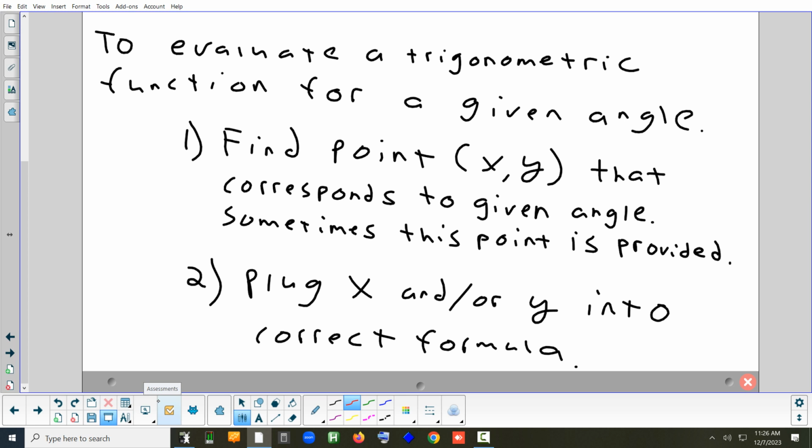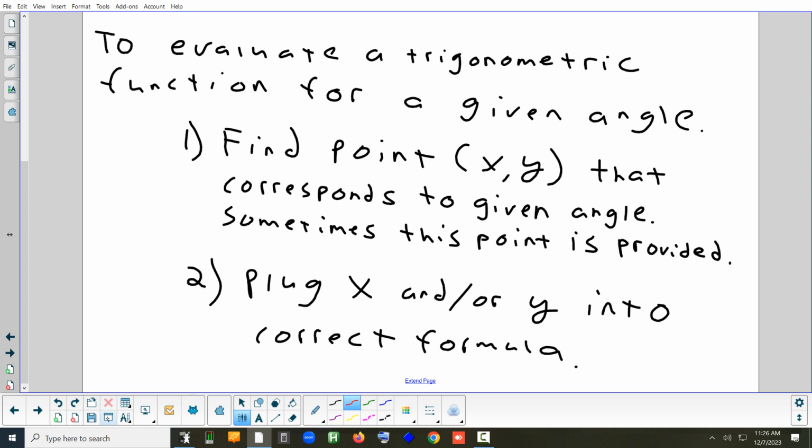We'll do all 6. Okay, I wouldn't ask you to do all 6 in the same problem on the test. I'm just going to ask you for 1 per problem. But for today, we'll practice all of them. Okay, so any questions on the 2 steps to do unit circle trig? Find the coordinate, plug it in.